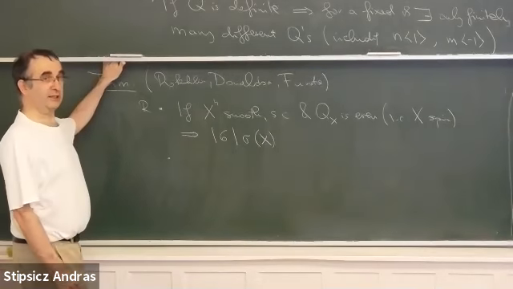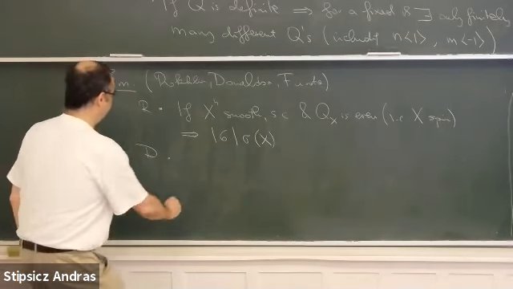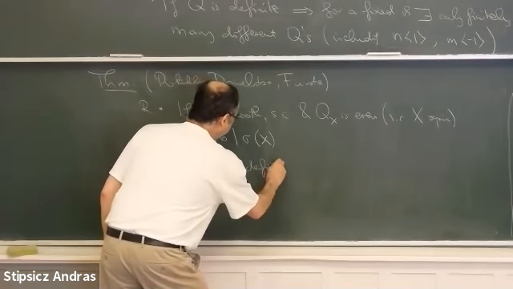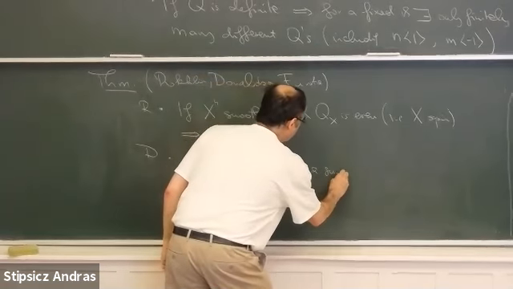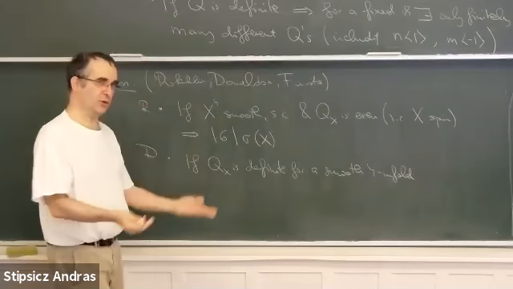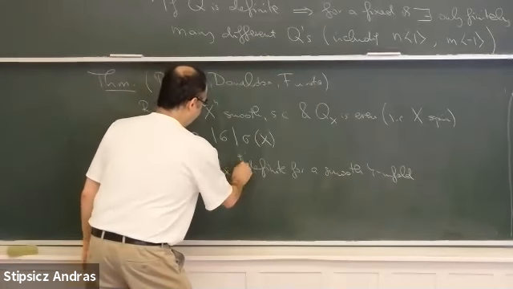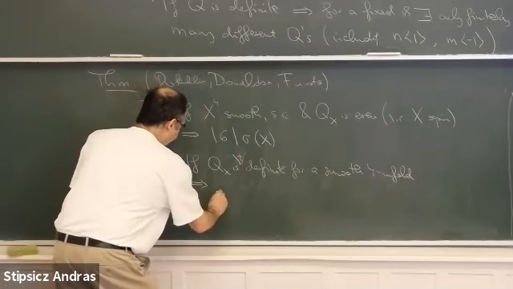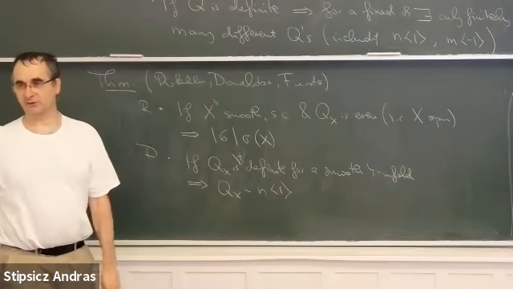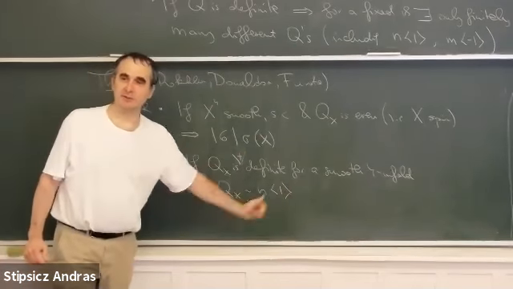And then in the early 1980s, Donaldson shook the topological world by the following theorem: that if QX is definite for a smooth four-manifold, and of course there is a version for positive definite and for negative definite, so let me say that if it's positive definite, then QX is just this very nice diagonal form. If we assume that QX is negative definite, then it will be m times the minus 1.